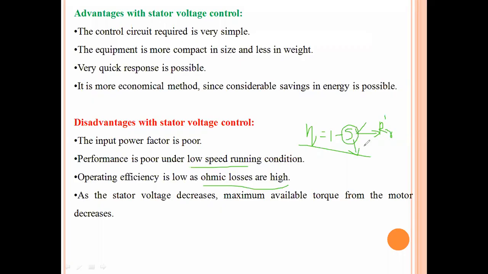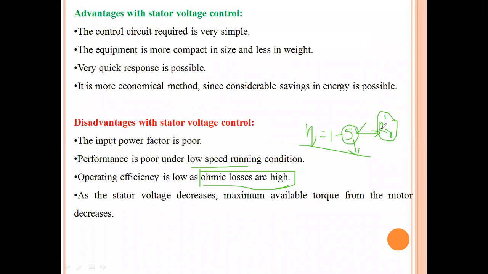Which means if the slip is high, then the losses in the rotor resistance are also high. In the previous class, we discussed this also. This overheats the rotor part of the induction motor, which is also one of the major disadvantages. Ohmic losses means resistance losses, which create heat and overheat the rotor of the induction motor because of more losses.